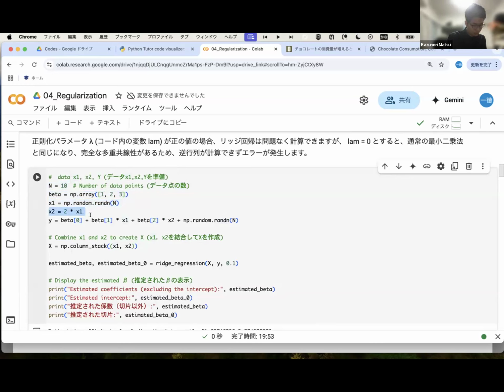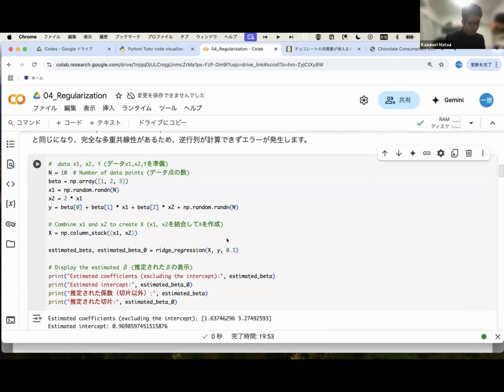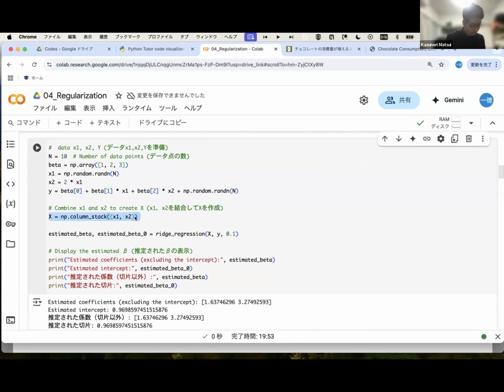The objective variable y is calculated as beta 0 plus beta 1 x1 plus beta 2 x2. We create x by combining x1 and x2. Now that we have our explanatory and objective variables, we calculate the coefficients using a regularization parameter of 0.1 here.